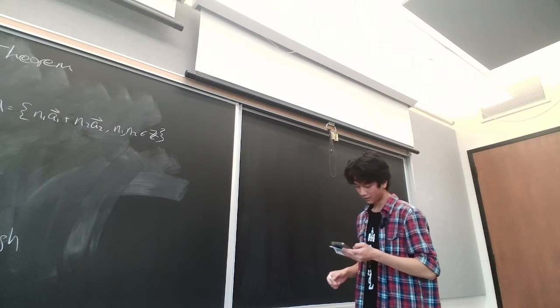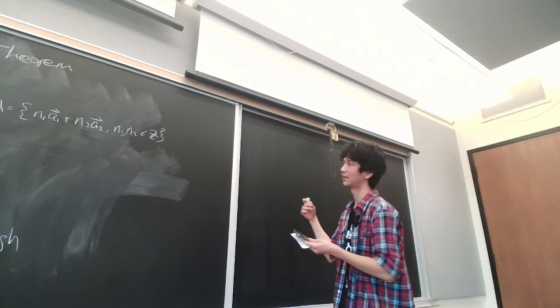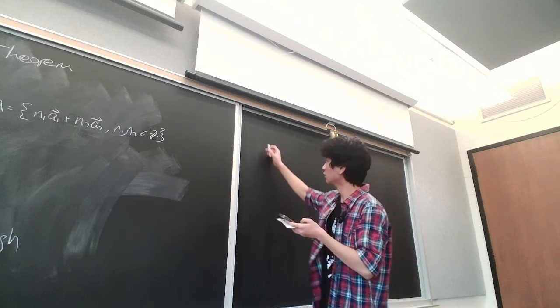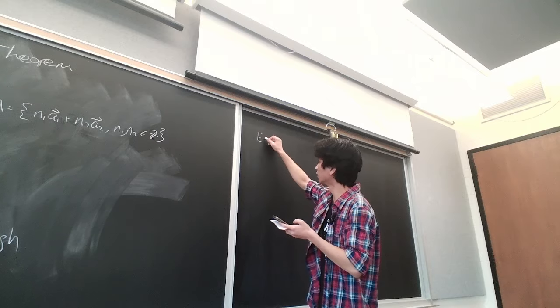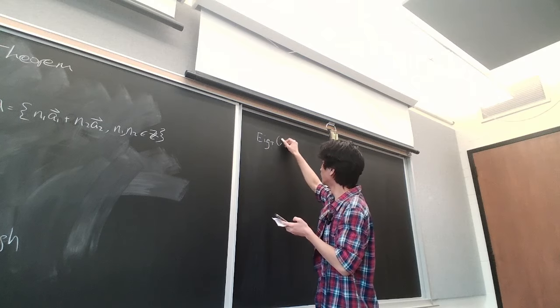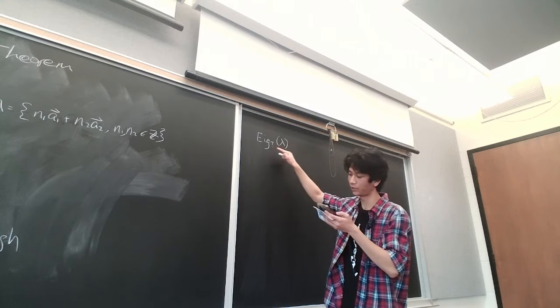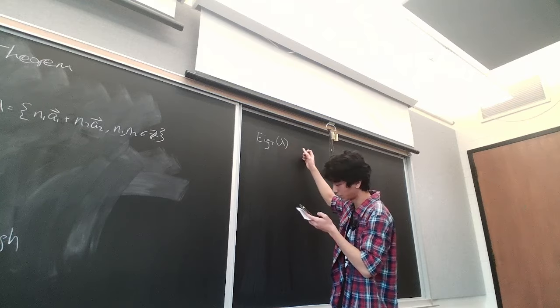Exactly. Okay, so let's start with some definitions, mostly just notation. We define this thing to be the eigenspace of the operator T with eigenvalue lambda.